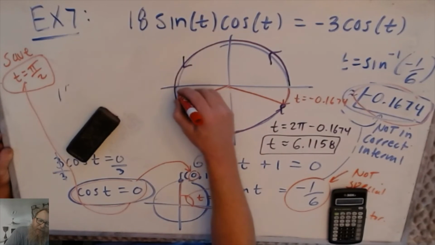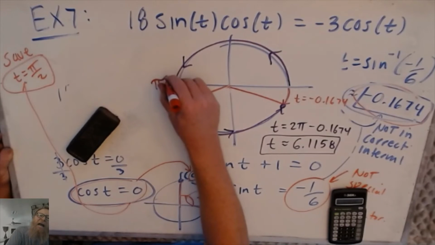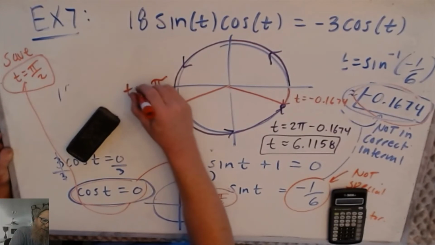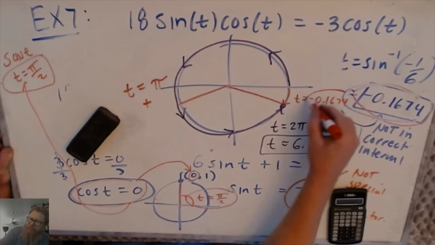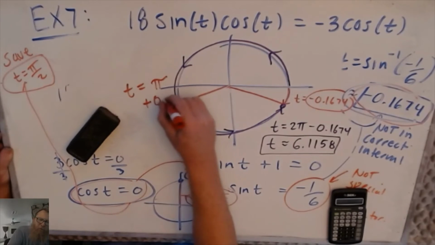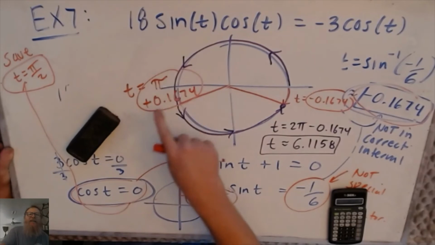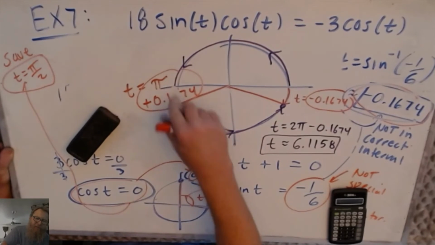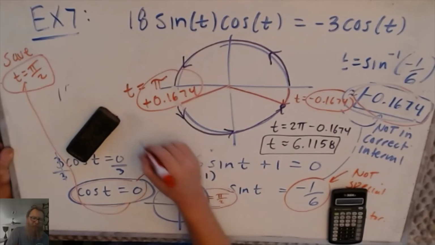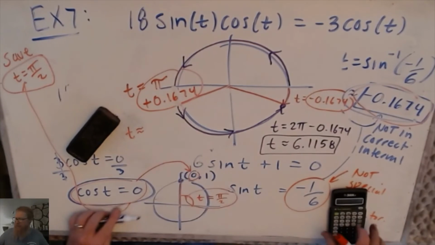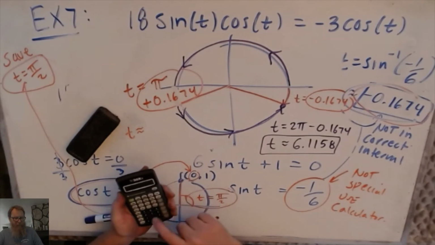And so that would be pi plus 0.1674. So you're going to add pi plus 0.1674. And that will give you your last solution.